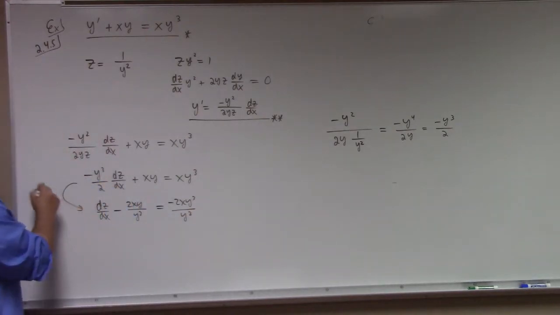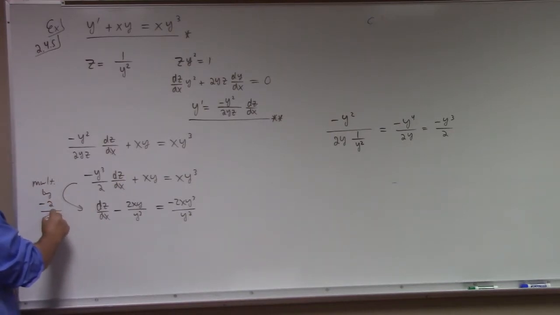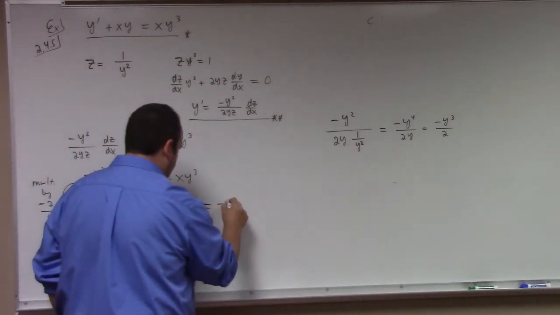So I multiplied by minus 2 over y cubed, right, to cancel out the leading coefficient of the dz dx. You see what happens? The y cubes are canceling on the right-hand side, which is wonderful. We just have a minus 2x over here.